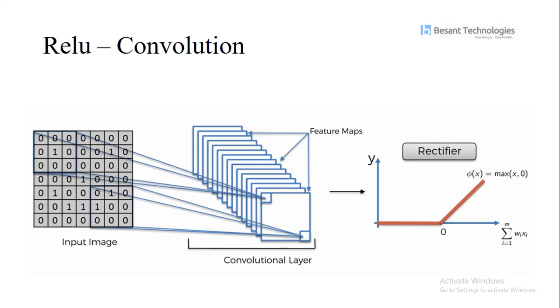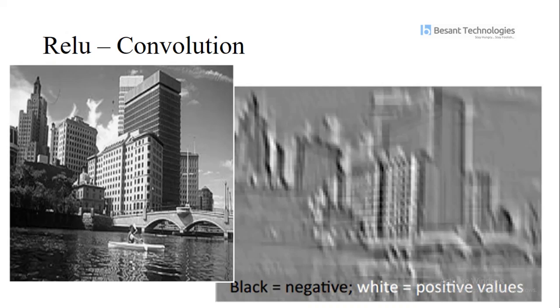This convolutional layer we will be applying with the rectifier to understand the value between 0 to 1. This rectifier function is common, like in our ANN. So this is the original image, and we apply our feature detector to it, and with the rectification function your output looks like this.